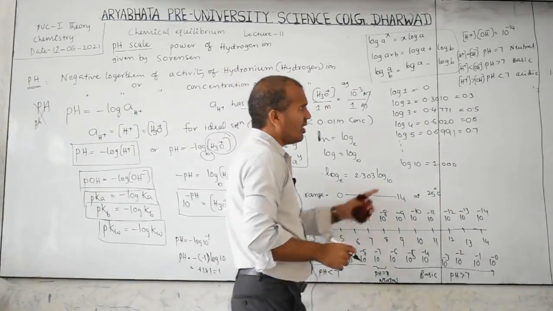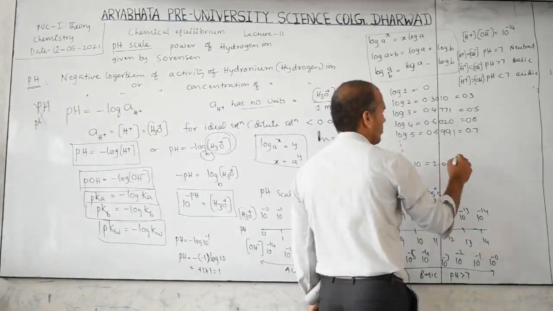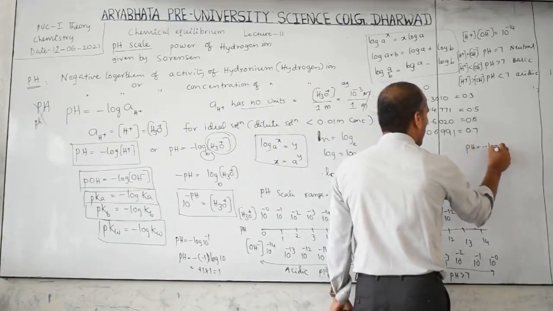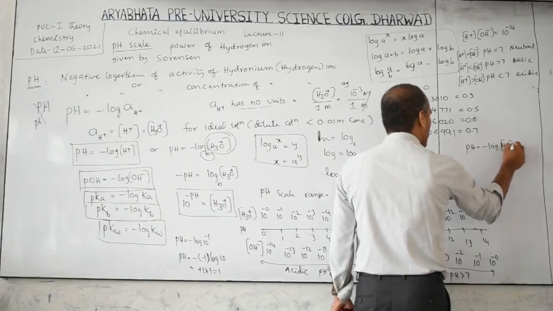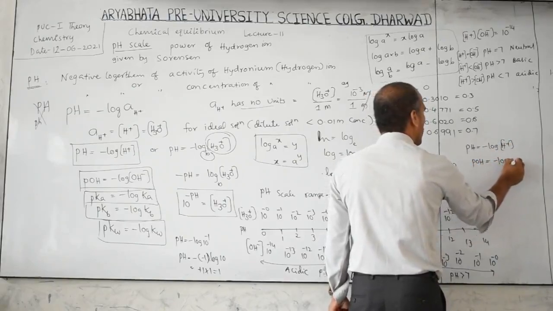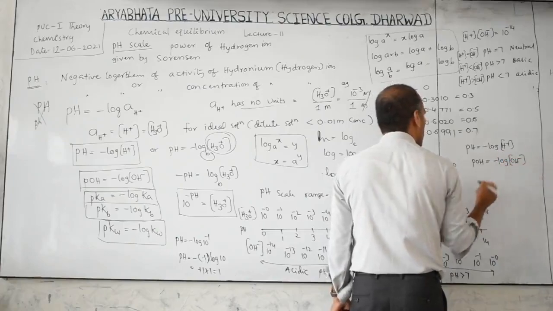Now in this pH calculation, what is the pH formula? pH is equal to negative logarithm of H plus ion concentration. If it is pOH, what is the formula? Negative logarithm of OH minus ion concentration.